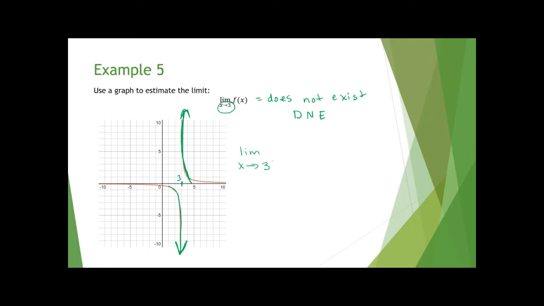We do that by putting little symbols as an exponent. If I put a negative up there, that means from the left. The left side is towards the negatives. So if you're going towards 3 from the negatives, you're going down to negative infinity.